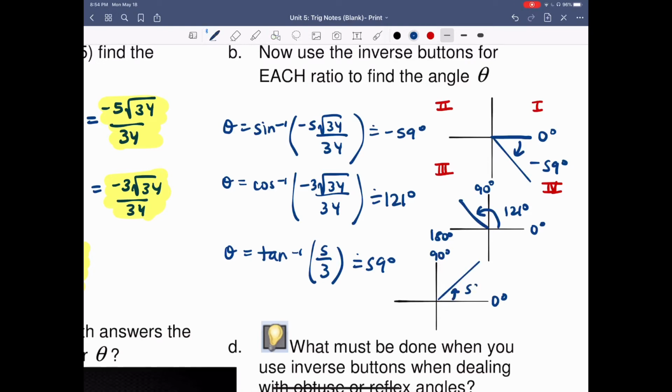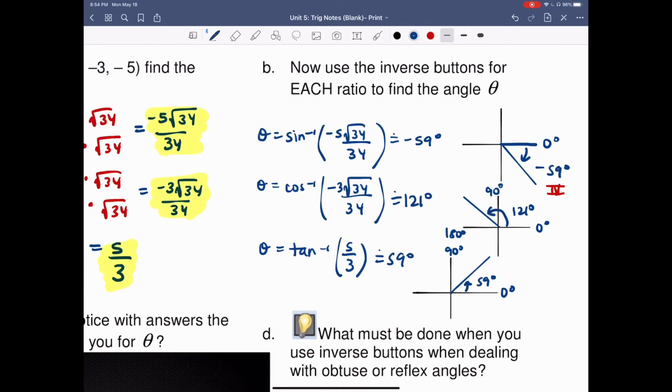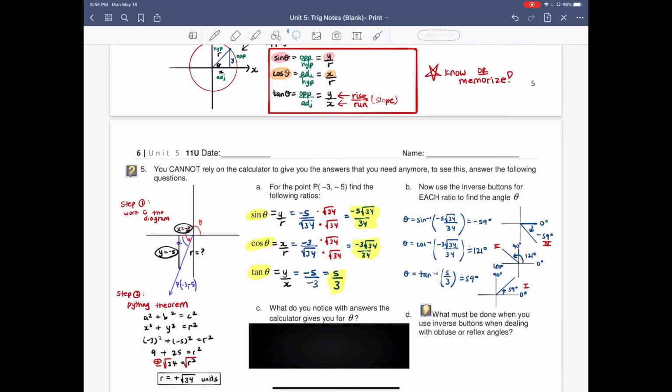And it's a sketch, so it doesn't have to be perfect. As long as it's in the right quadrant, that would be the main focus. We have quadrant 4 for the first one, quadrant 2 for the second one, and quadrant 1 for the third one. This is kind of what it means.